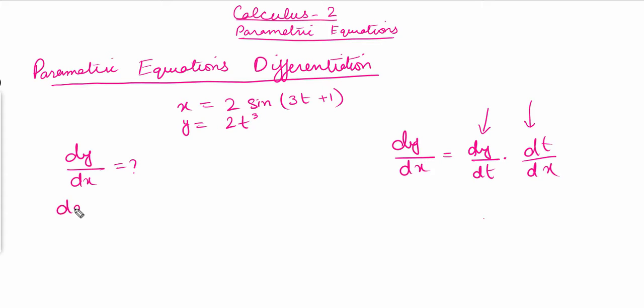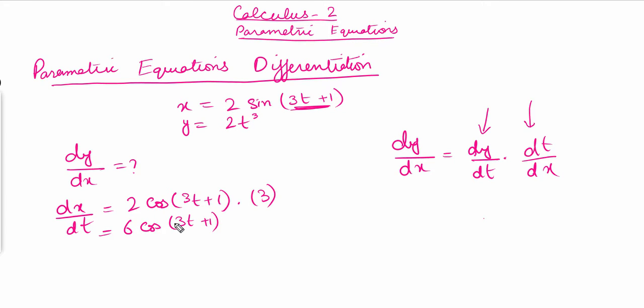So dx over dt will be equal to 2 cos(3t plus 1) times the derivative of the inner function, which is 3. So the derivative of x with respect to t will be 2 cos(3t plus 1) times 3, which becomes 6 cos(3t plus 1).